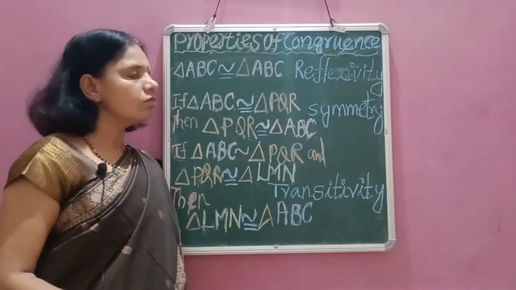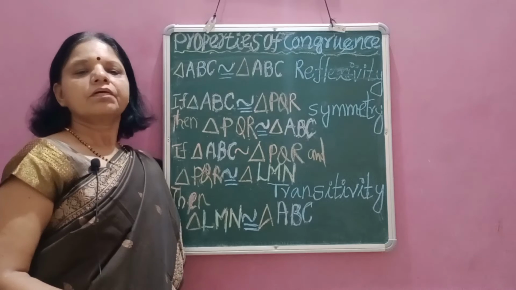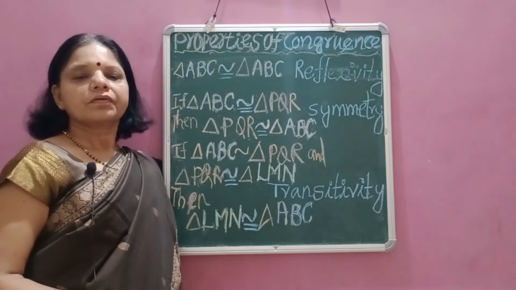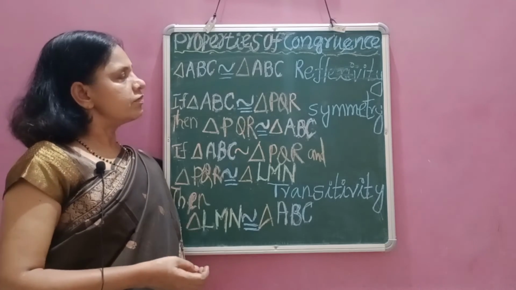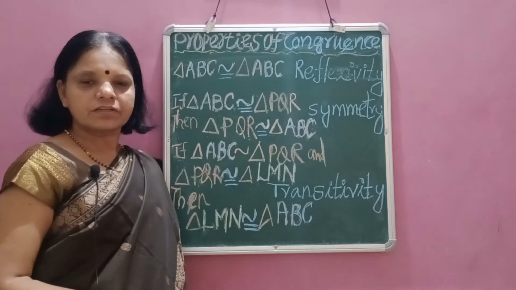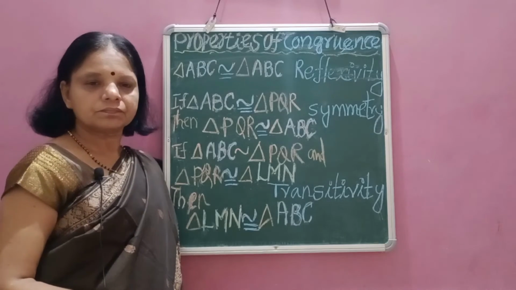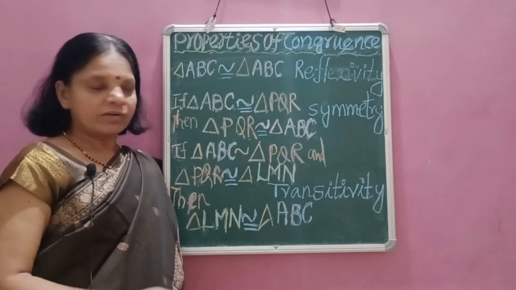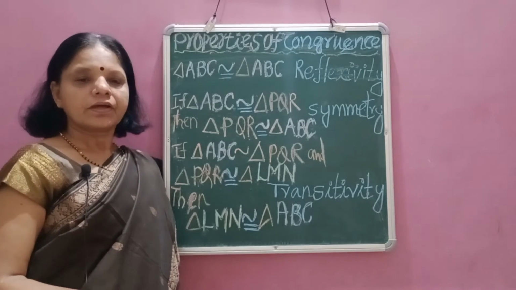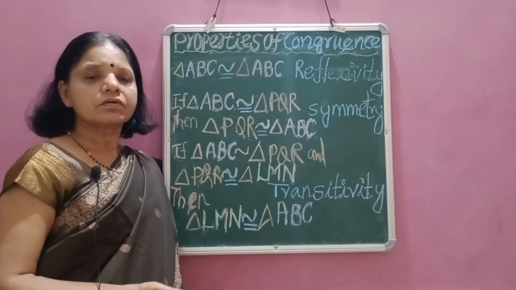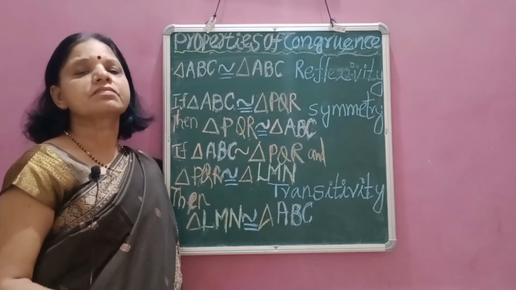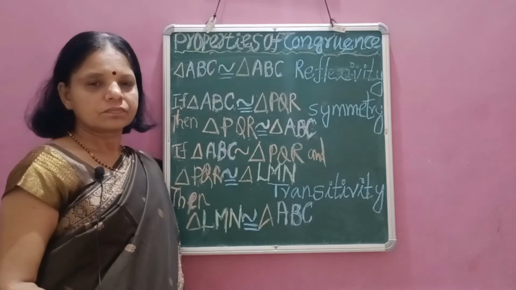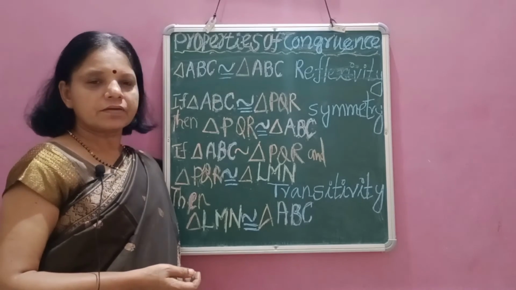So in general, how will we say? First we will say the property of reflexivity in congruent figures. Reflexivity, how will we say? Every figure is congruent to itself. Symmetry, how will we say?